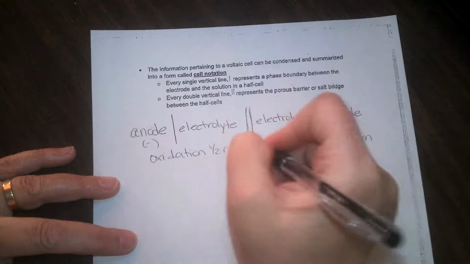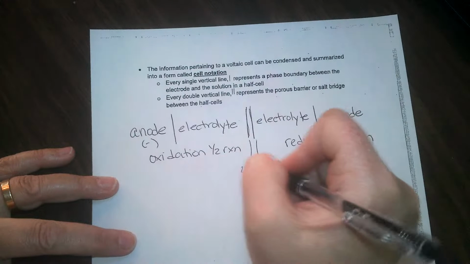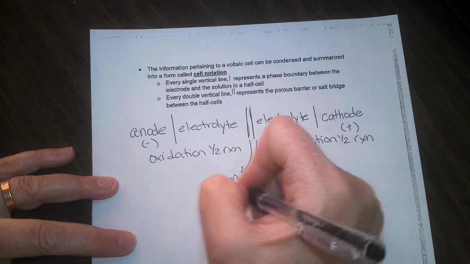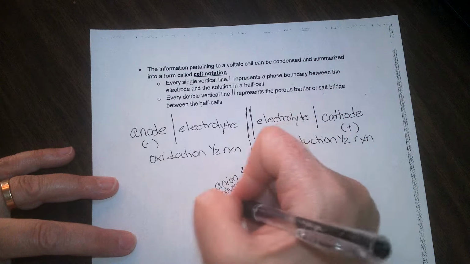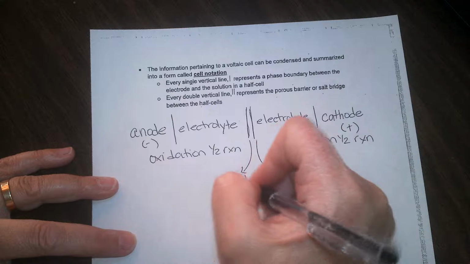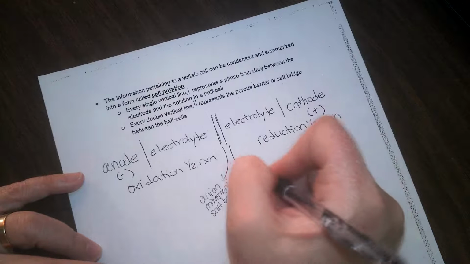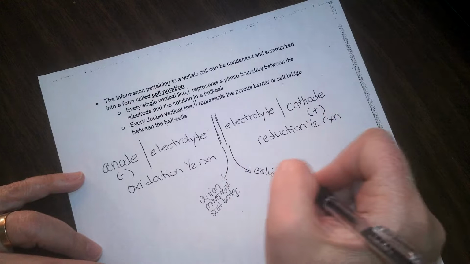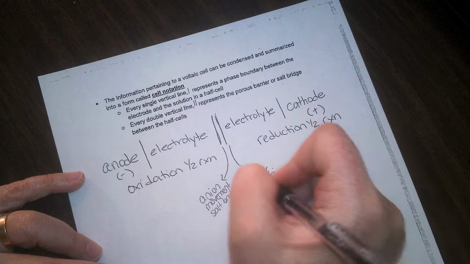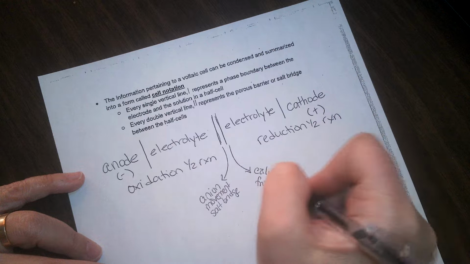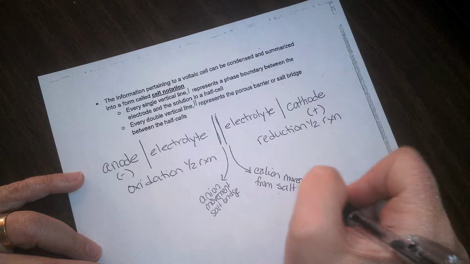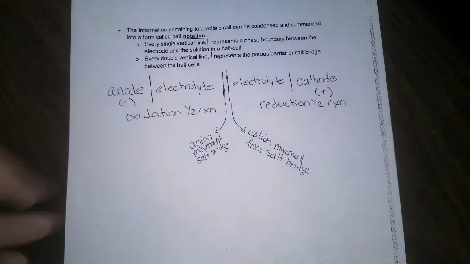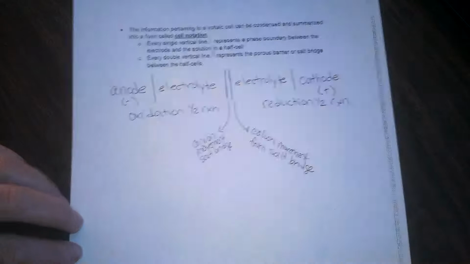So this just shows that there's anion movement from the salt bridge. And this is cation movement. Okay, that just shows that there's movement through the salt bridge.